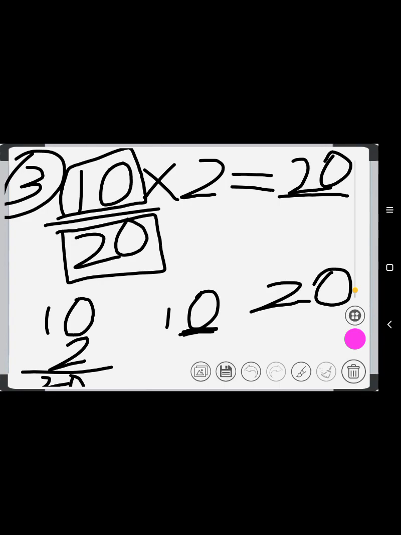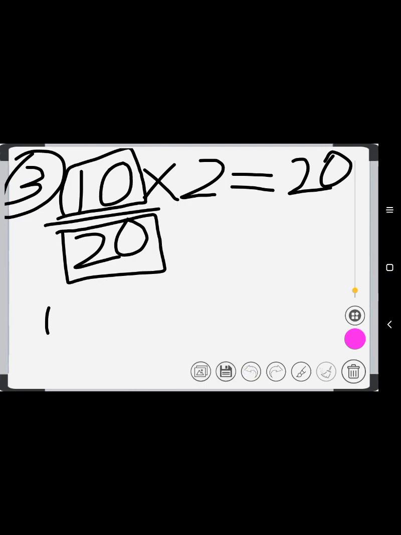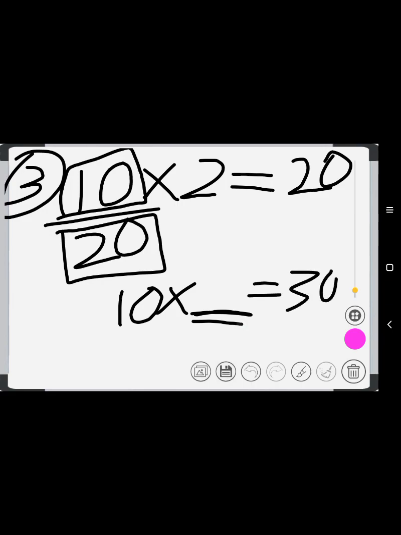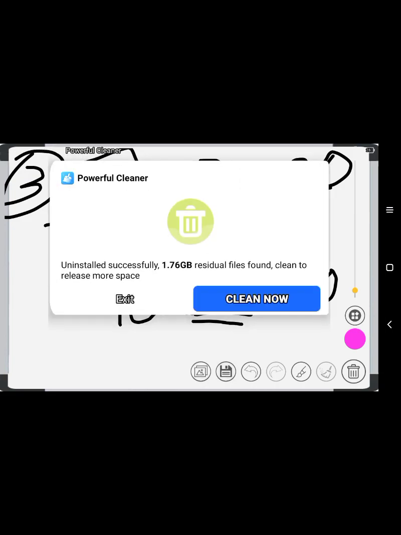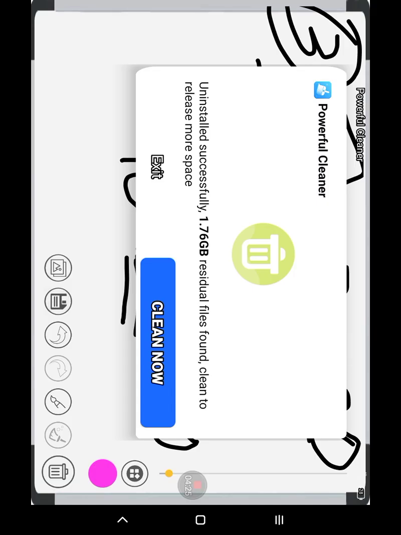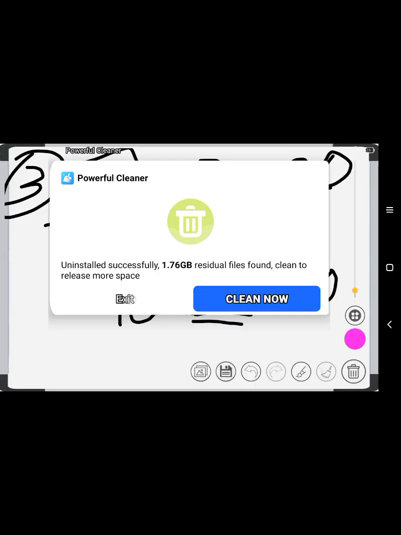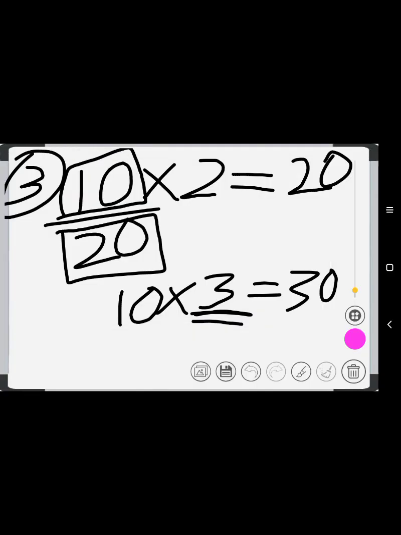So let me show you something now. You have 10 times what gives you 30. Now I know it's times 3. Now you have 3 and you have 10.